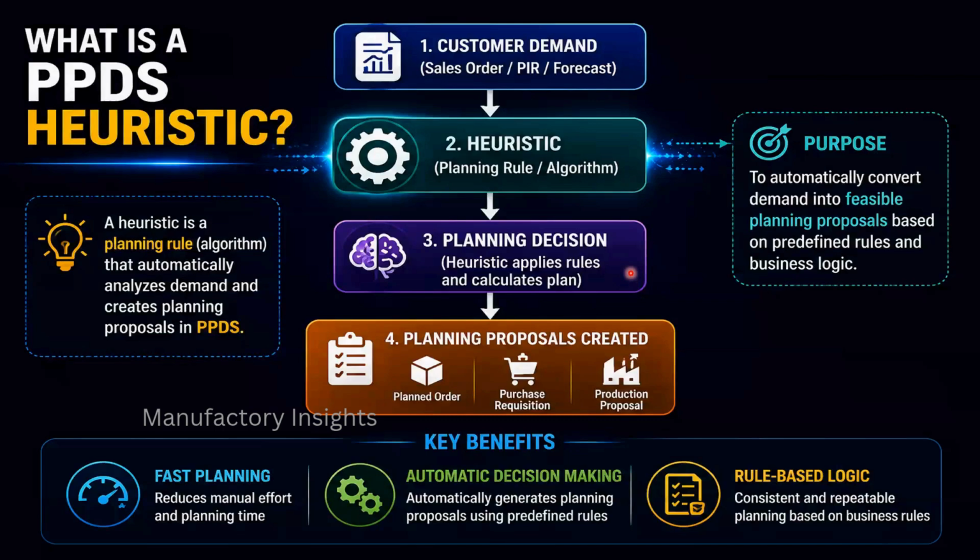Based on the planning rules, they create planned orders, purchase requisitions, or stock transfer proposals. These planning proposals are then scheduled and ultimately executed in manufacturing. So, heuristics are the bridge between demand and supply creation.